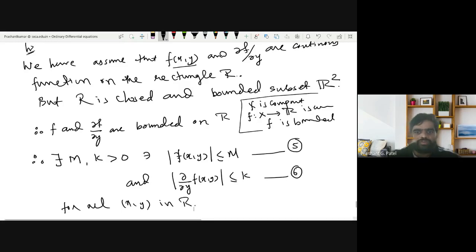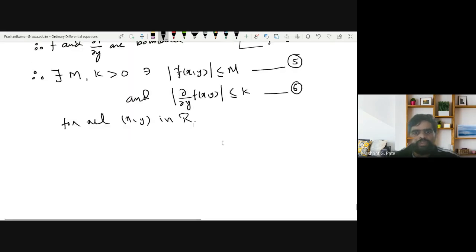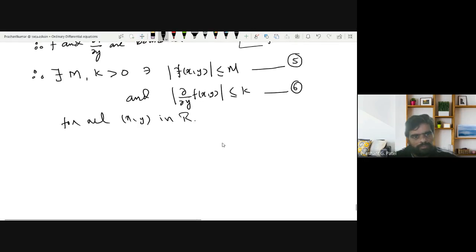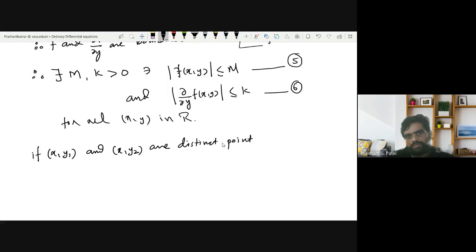Now, what will we do next? We have observed, let us consider (x, y1) and (x, y2) are distinct points in R with the same coordinate x.